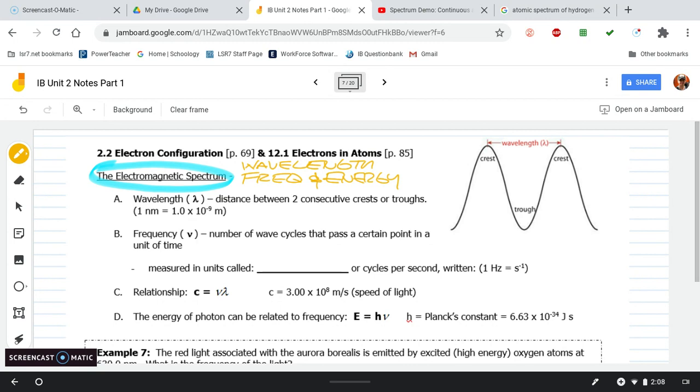Okay. So when we're talking about light, the electromagnetic spectrum, you have a wave. A wave could be kind of like this, where it's really long. That'd be a really long wavelength, because the wavelength is the distance from the top, or crest, to the next crest, or the trough to the next trough.